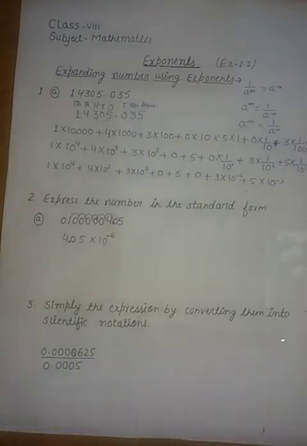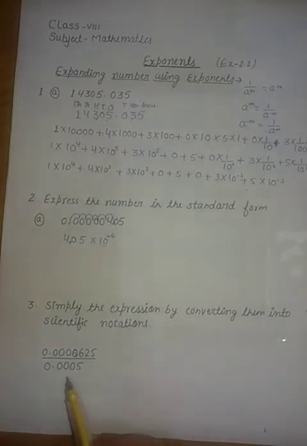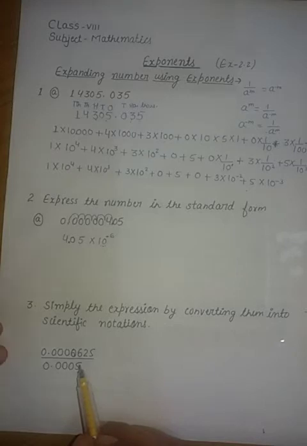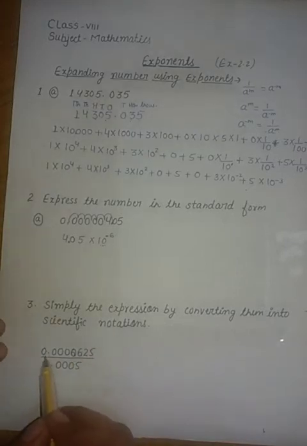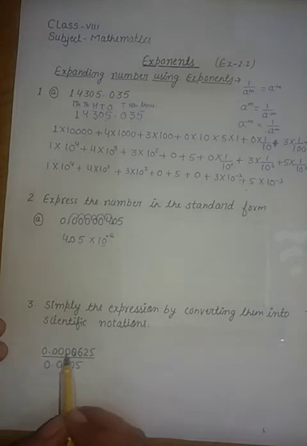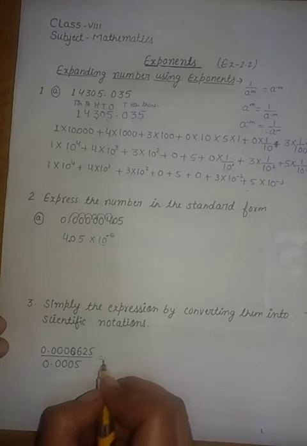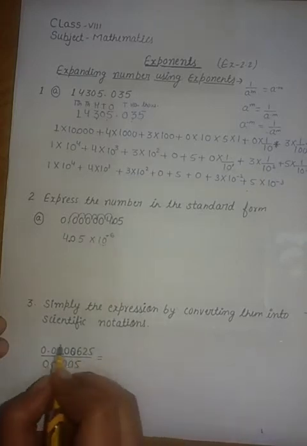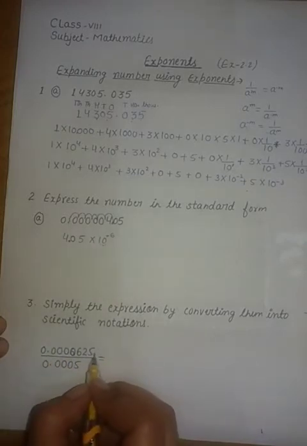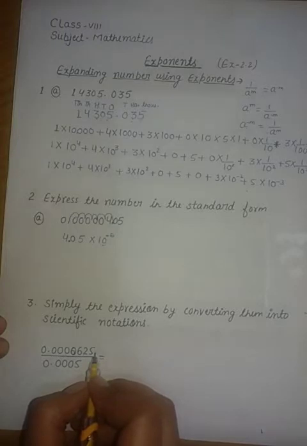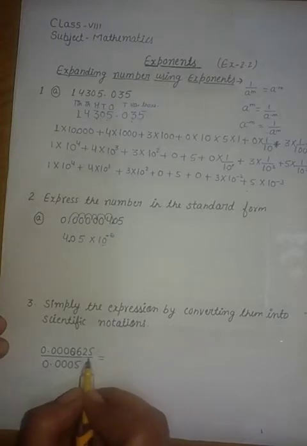Number 3, simplify the expression by converting them into scientific notation. So we will convert this expression in scientific notation. First of all, I will convert 0.0000625. In this number, I will move my point here because I can divide 625 by 5.